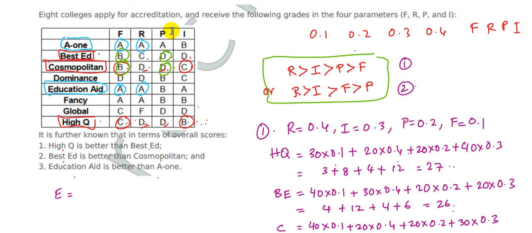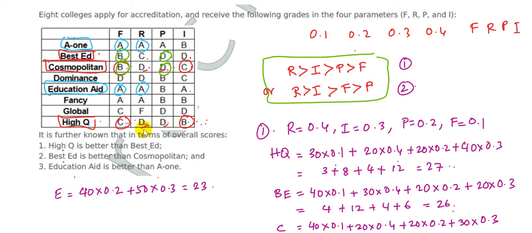So B in P, that means 40 into 0.2, and A in I, that means 50 into 0.3, which will be 8 plus 15, which is 23.